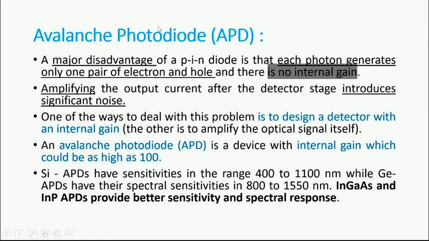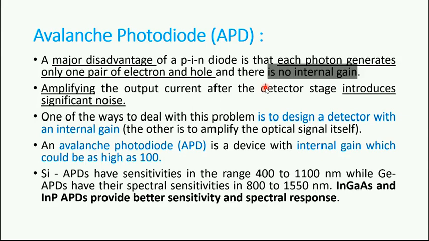The major disadvantage of the PIN photodiode we studied so far is that each photon generates only one electron-hole pair and there is no internal gain. We have the photodiode, and we know how the electron-hole pairs are generated under reverse bias.